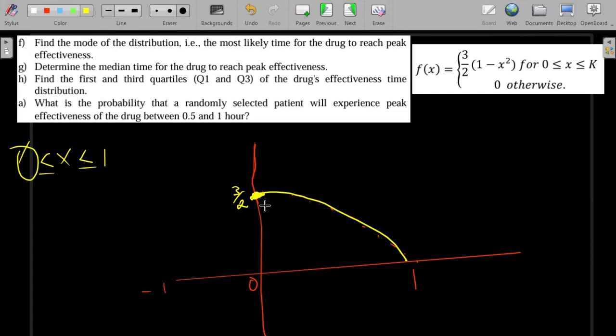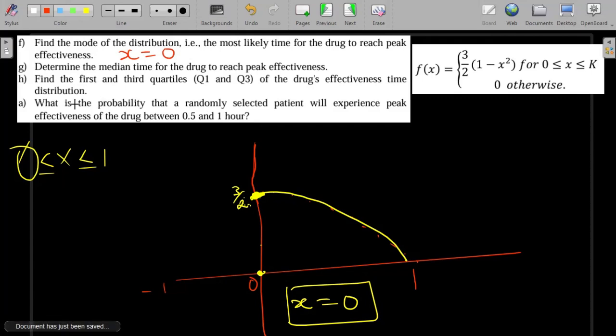What value of x makes us get this highest value? The value of x here will just be x equals 0. It's the one that gave us 3 over 2. So the mode of this distribution is just x equals 0. You just look for the value of x that will give you the highest probability.